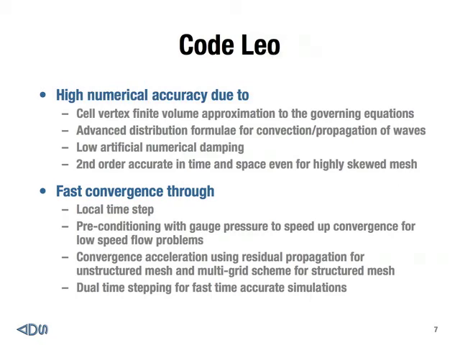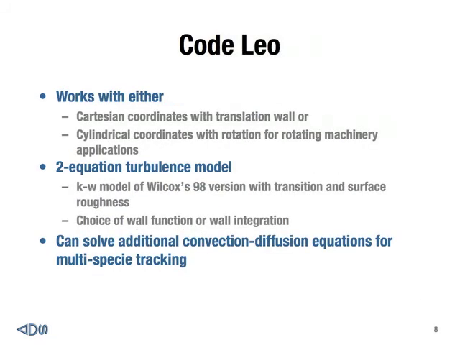Okay, the last one I'll talk to you a little bit about on the code is that it can do both Cartesian coordinates and cylindrical coordinates. Cartesian coordinates are generally for daily applications. For instance, if you're interested in a race car, you use a Cartesian mesh, unless your race car is so large it's a quarter of the Earth, then probably you're using cylindrical coordinates.